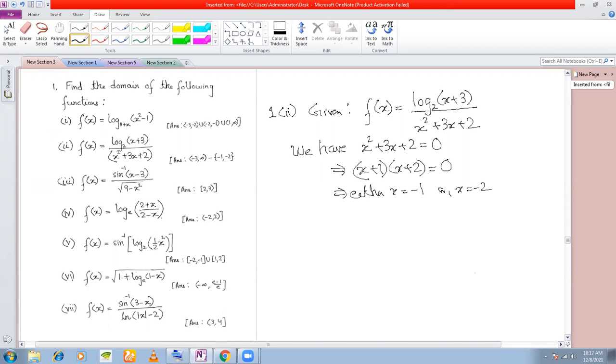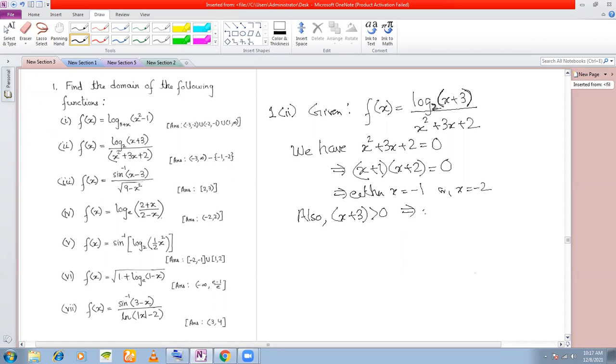Also, what is the next restriction? In the numerator, you have a log with x plus 3. So what is the restriction for log? The base, you see clearly, is 2, so the base is okay. But this value has to be positive.